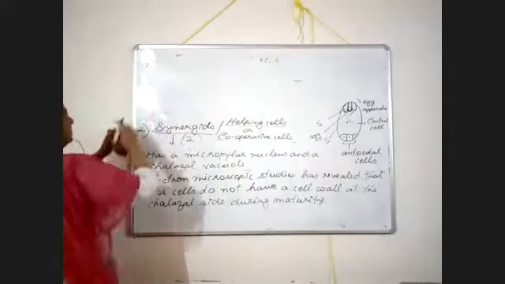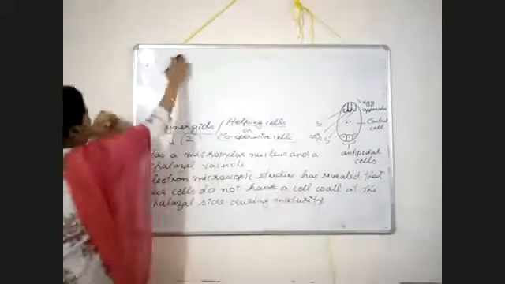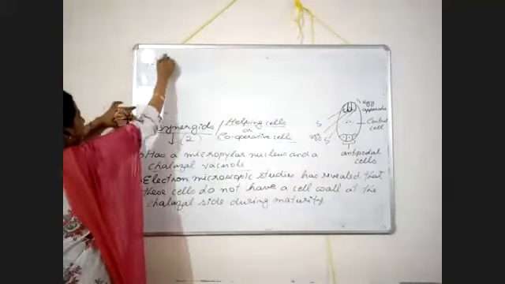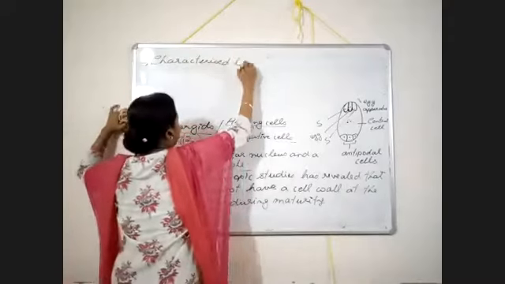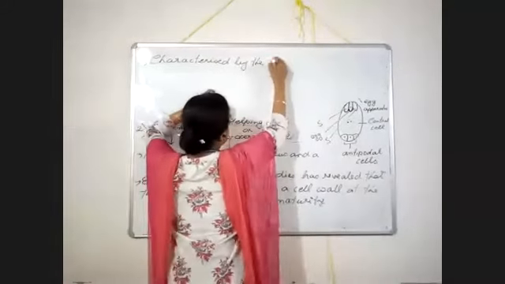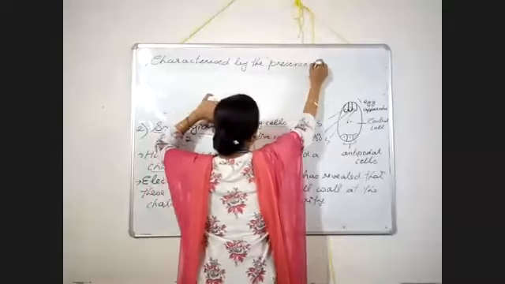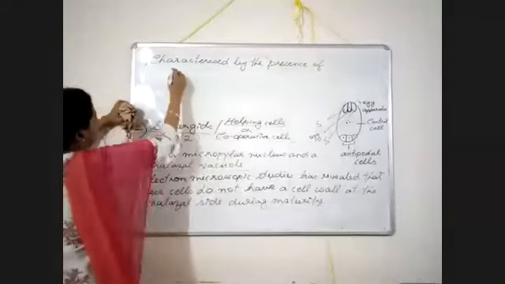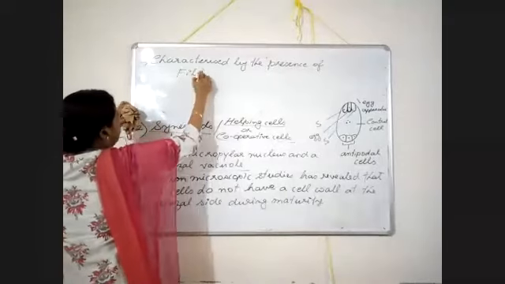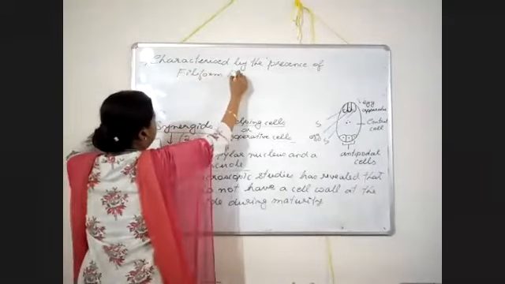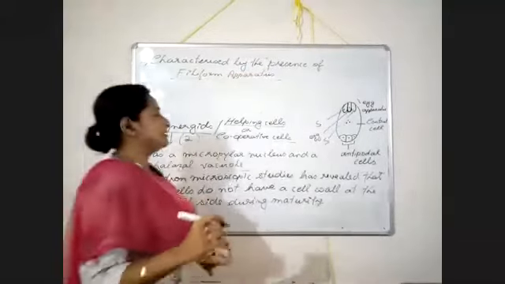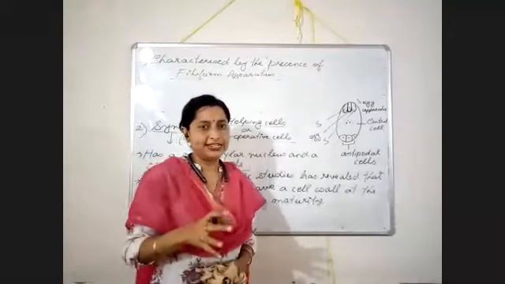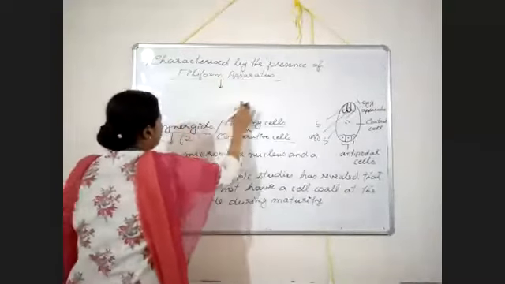The next point is that these cells are characterized by the presence of the filiform apparatus. We will see that it is present in the synergid. Now, what is the filiform apparatus?